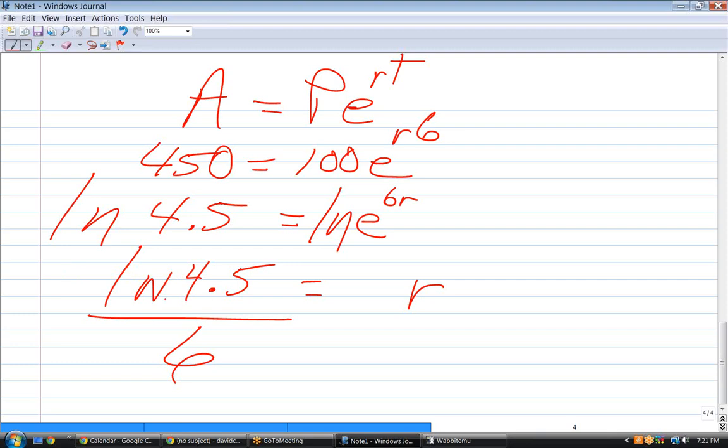If this is negative, then we've made a mistake somewhere. Obviously, R cannot be a negative number. But I know this is positive because it's base e, which is 2.7. So that has to be raised to a positive exponent in order to get 4.5.